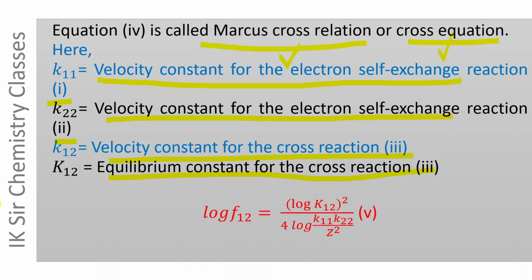And the term F12 is given by this relationship. Log F12 is equal to log K12, that is the equilibrium constant for the cross reaction, squared, divided by 4 log K11 K22 divided by Z square. Let us see the terms involved in this equation number 5.